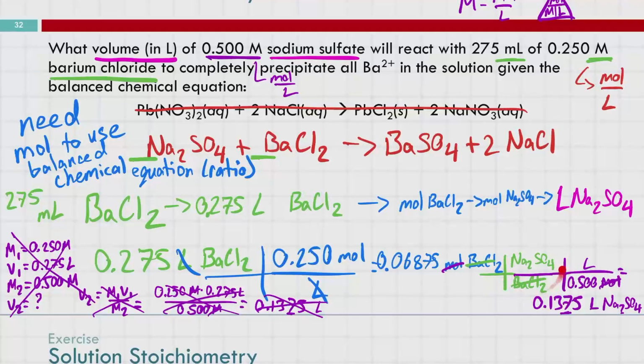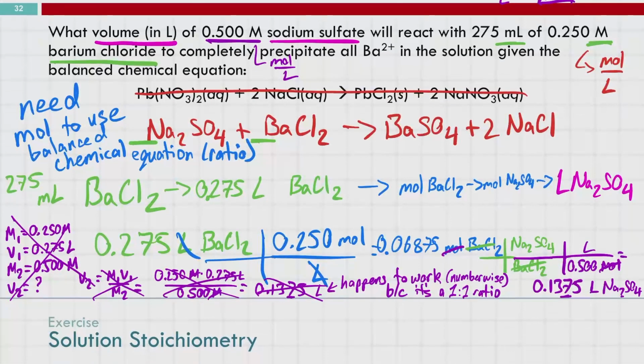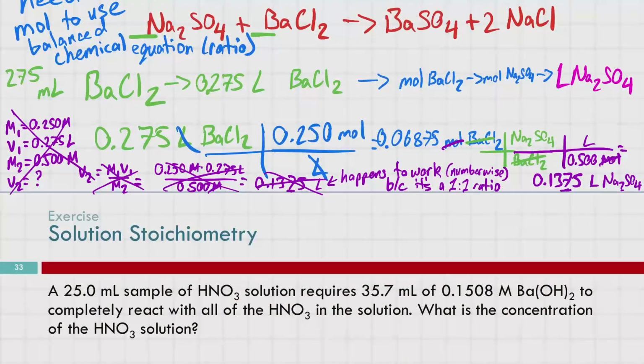And it just happens to work out numerically because it's a 1-to-1 ratio. If it's not a 1-to-1 ratio, you get the wrong answer 100% of the time, guaranteed.